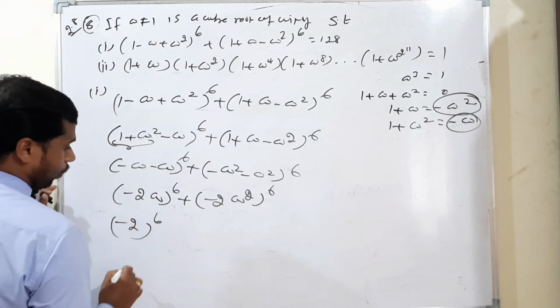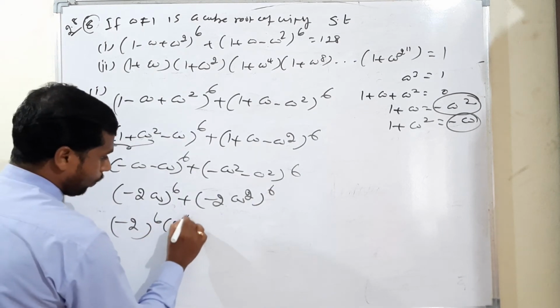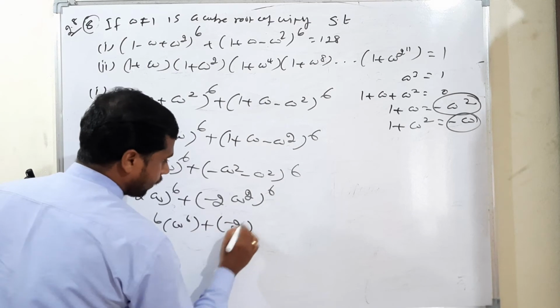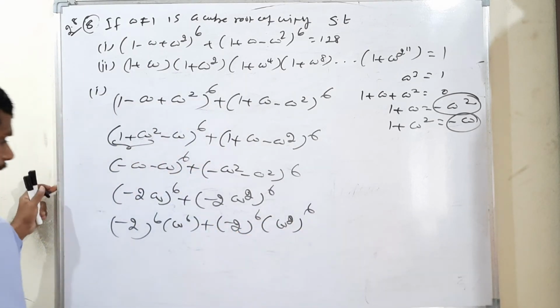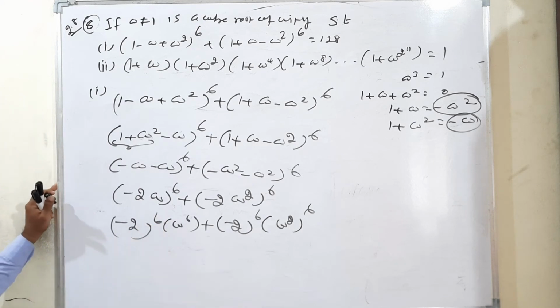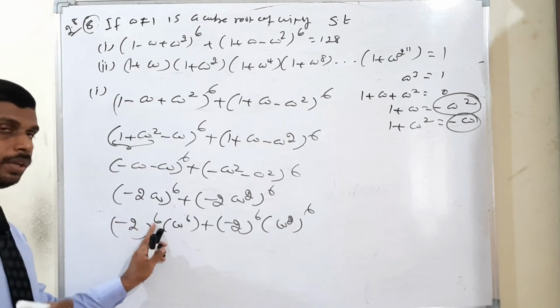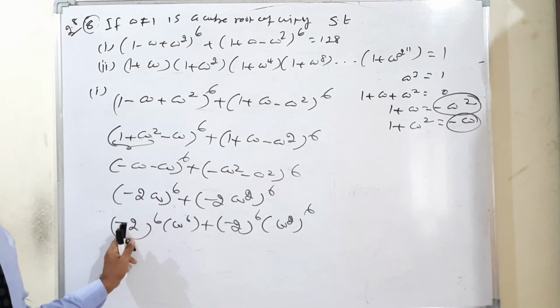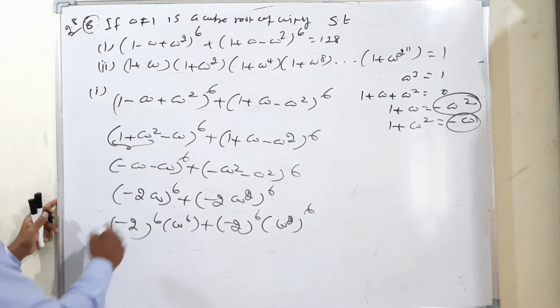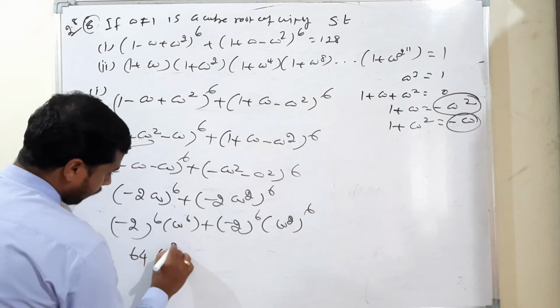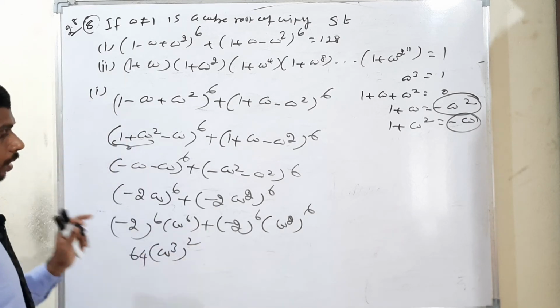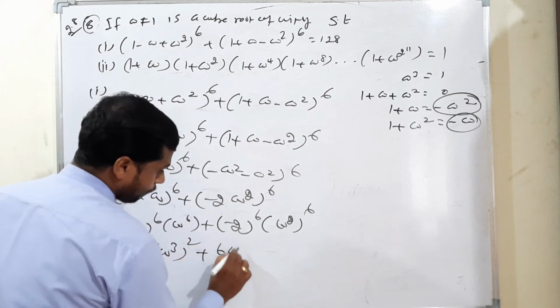So (−2)⁶ times ω⁶, again (−2)⁶ times (ω²)⁶. Now (−2)⁶ is definitely an even power, so the negative term converts to positive. 2⁶ means 64. Then ω⁶ we can write as (ω³)². Next two terms also give positive 64.